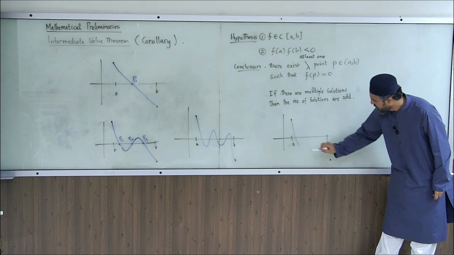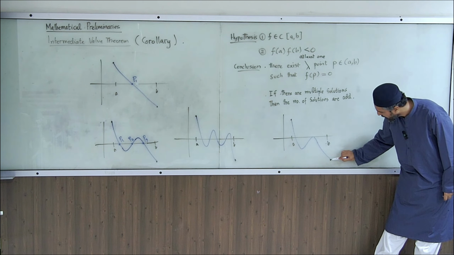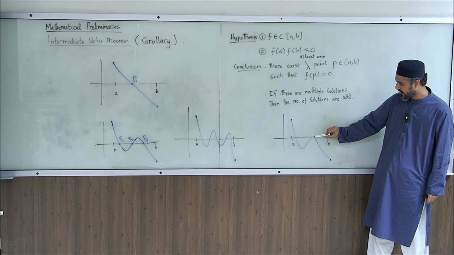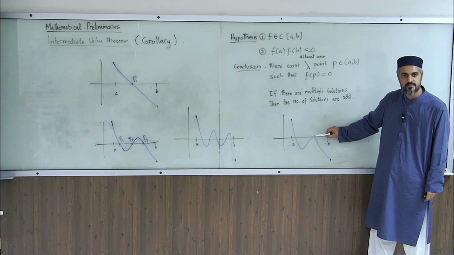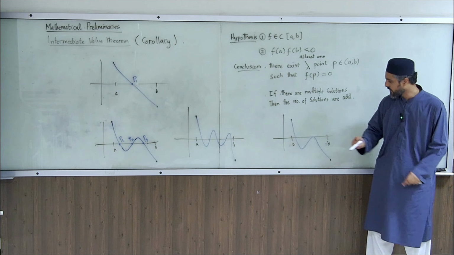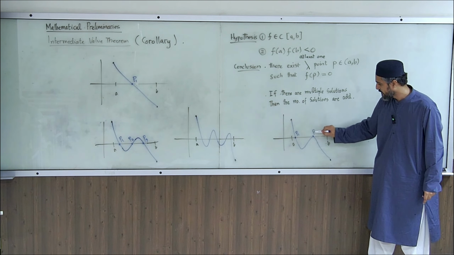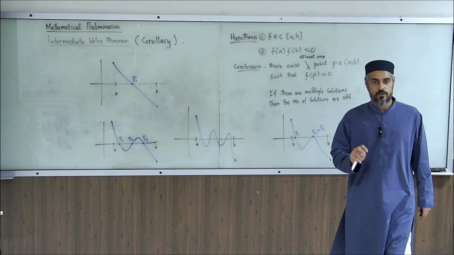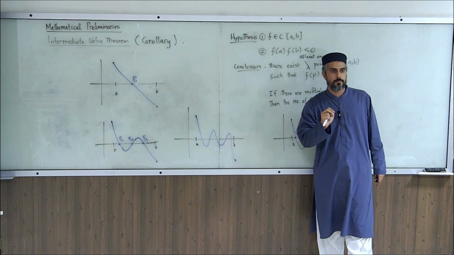If I draw like this, it has not crossed the x-axis, it just hit the x-axis and came back. So how many solutions do we have now? This is P1. Actually we have 3 solutions. 2 solutions are the same.